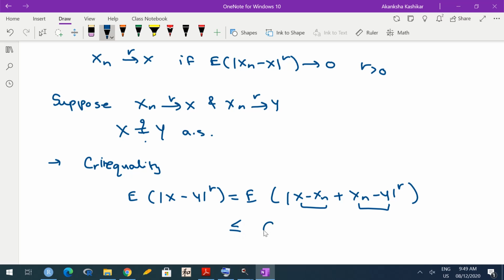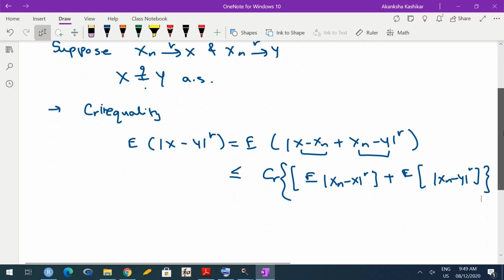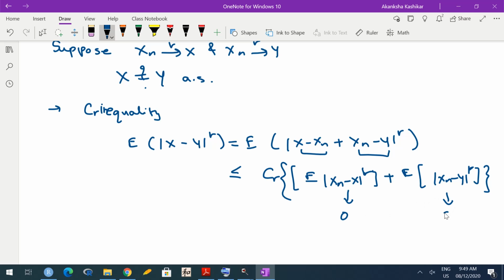So it says that this is less than or equal to Cr times (E|Xn - X|^r plus E|Xn - Y|^r), where Cr is a constant. We know that for a fixed r it's a fixed constant. So we know that Xn converges to X in rth mean and Xn converges to Y in rth mean. So both of these go to 0 as n goes to infinity for that particular r.